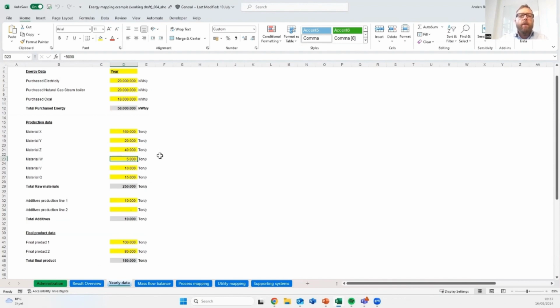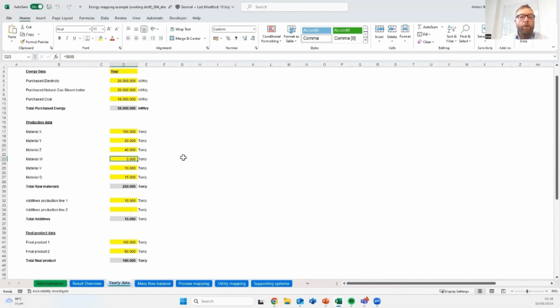And these are figures that the companies are keeping track of as a minimum. So these are the figures that we use for the mass balance, and we also use them to compare our energy mapping to what we have actually bought.